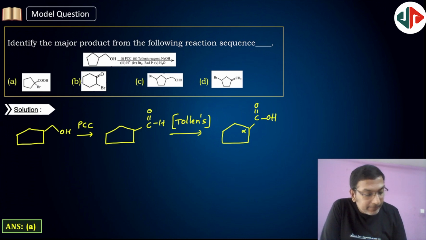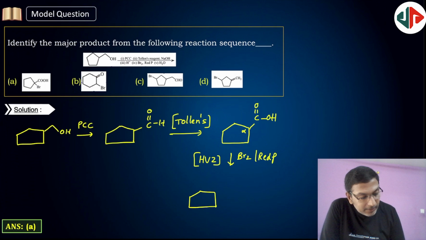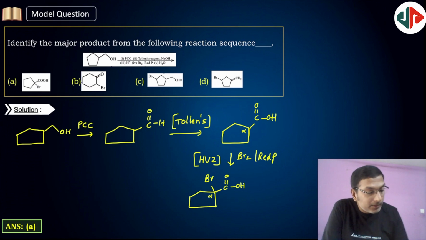Next reaction, Br2 with red phosphorus, which is the famous HVZ reaction, alpha halogenation of carboxylic acids. Here COOH and at the alpha position Br. This is the alpha position. So option A.